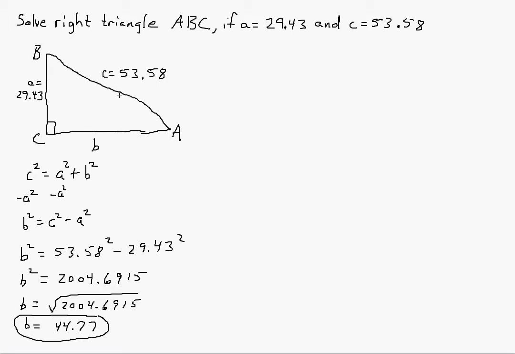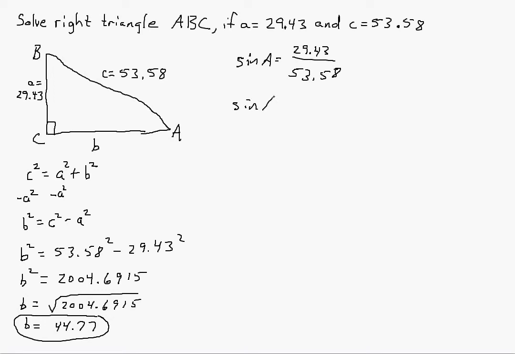Okay. Now let's look at solving angle A and angle B. Once again, it doesn't matter which one we solve for first, but we'll go ahead and solve for angle A first. To solve for angle A, we're given the side opposite and we're given the hypotenuse. So opposite over hypotenuse is sine. That tells us that the sine of A is equal to the side opposite, which is 29.43, over the hypotenuse, which is 53.58.